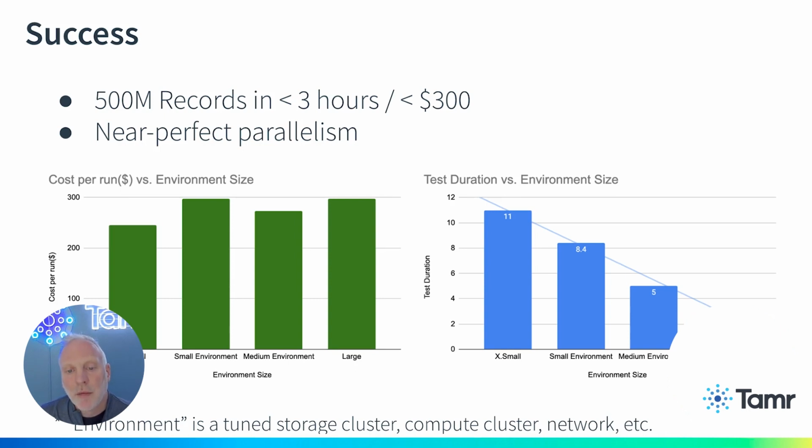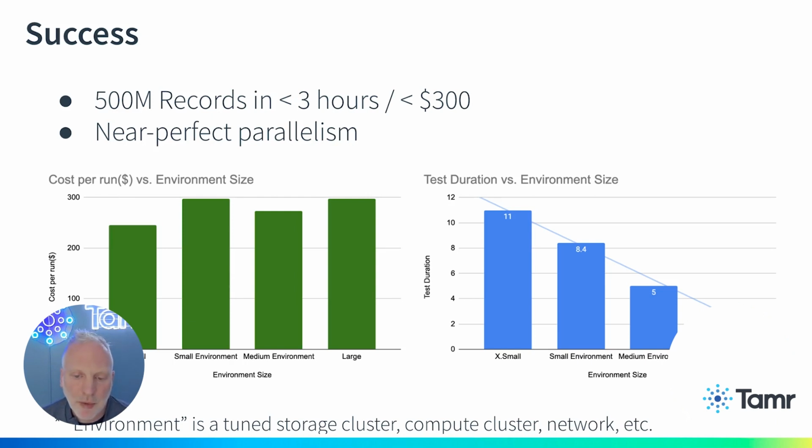But we also have demonstrated near perfect parallelism, where if you look at the change in environment size, we see that scaling that environment from extra small to large maintains a relatively stable cost per run, while the test duration scales smoothly according to environment size, with the extra small taking about 4 times as long as a large environment.